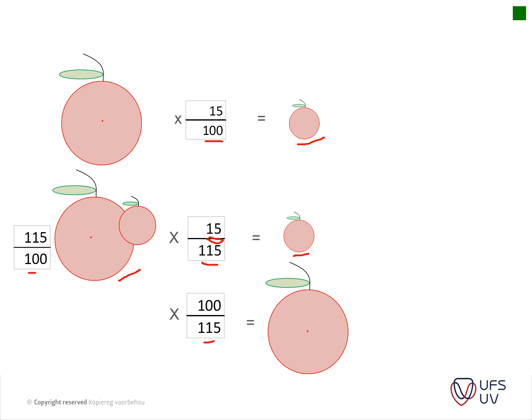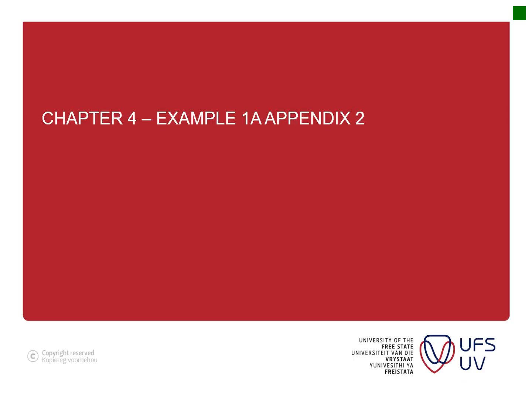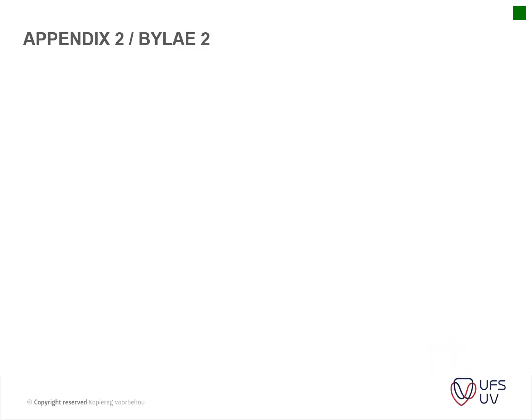Okay, cool. So let's get into appendix 2, and you will see we're going to look at the story enclosure method. So that's explained in the next slides. Okay, I want you to go to your annexure or appendix 2 and your example 2.